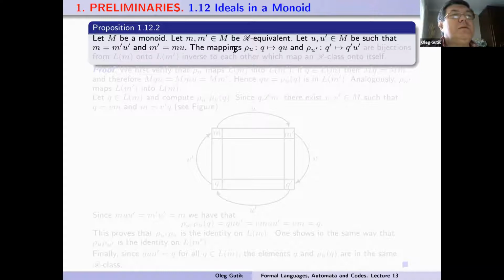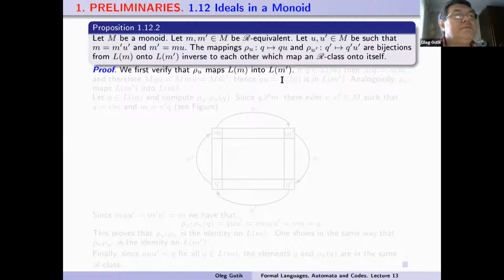The mappings ρ_u, which puts elements q to qu, and ρ_u', which puts elements q' to q'u', are projections from the class of L equivalence of element m to the class of L equivalence of element m', inverse to each other, which map R classes into themselves. This proposition in algebraic semigroup theory is well known as the first Green's lemma.